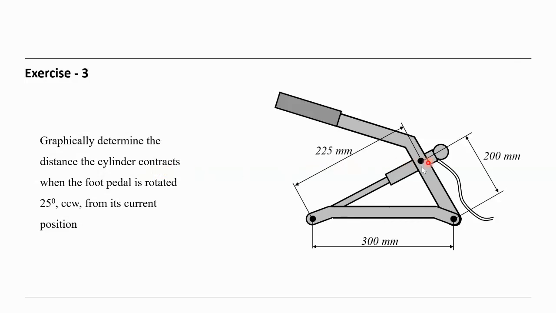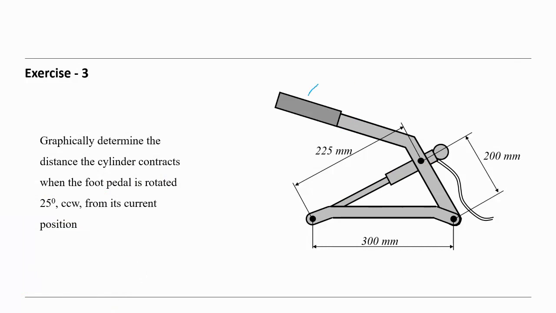Which cylinder? This one, huh? Contracts when the foot pedal is rotated. The foot pedal is this one, rotated 25 degrees counterclockwise. That means from the current position, counterclockwise, in that direction.